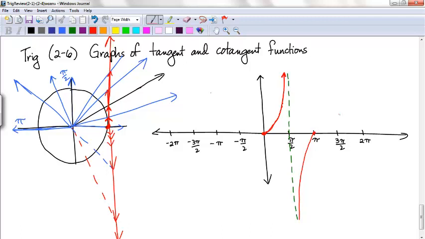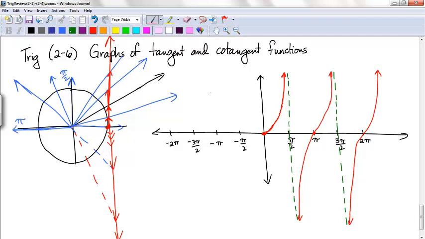Okay? And then it'll get longer, longer, and then we need another asymptote at 3 pi over 2. All those asymptotes are dashed. Okay, and it will get closer and closer. And then if you go into the other quadrant, it's going to shoot back to negative infinity. Okay.